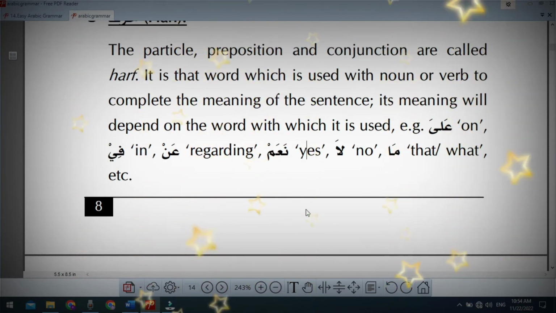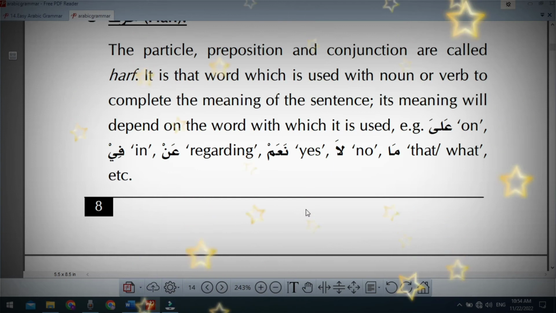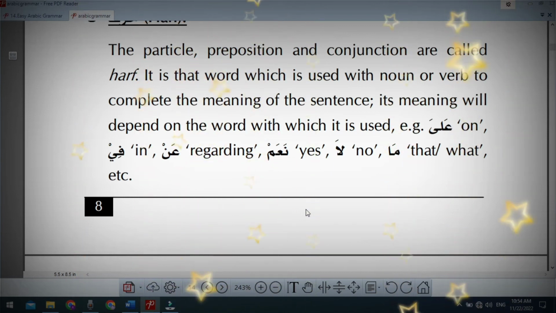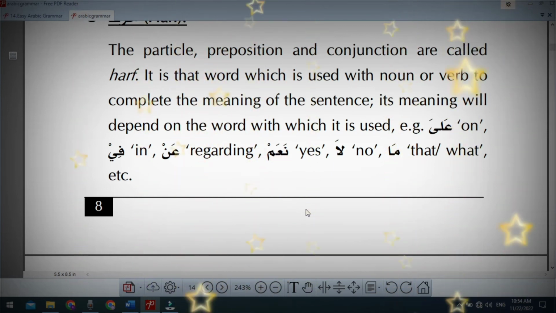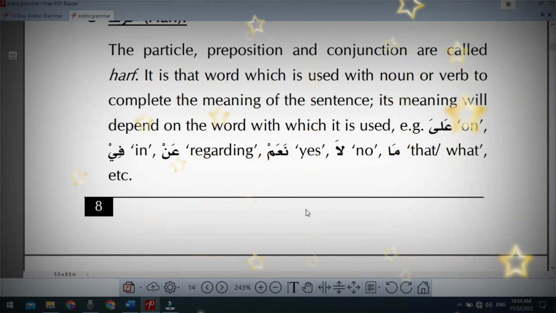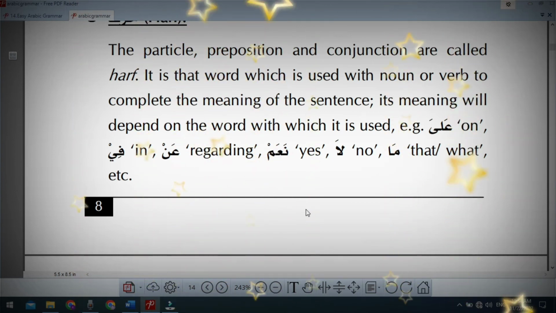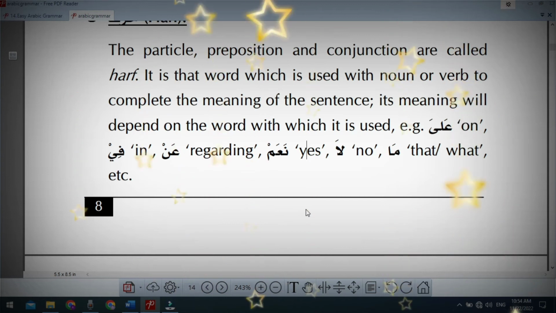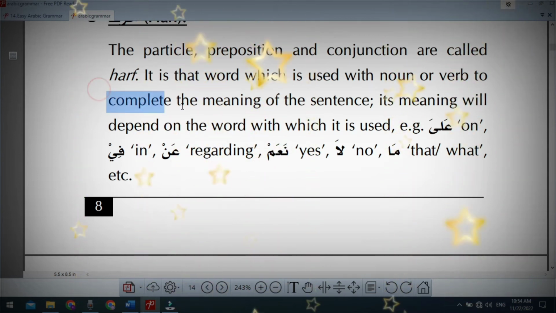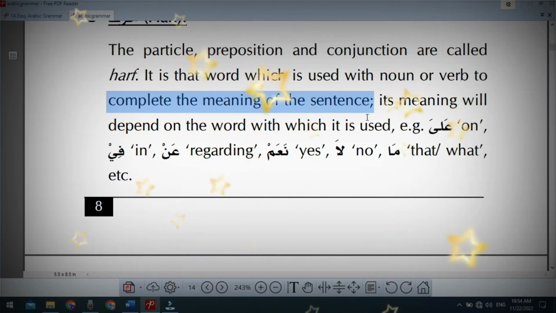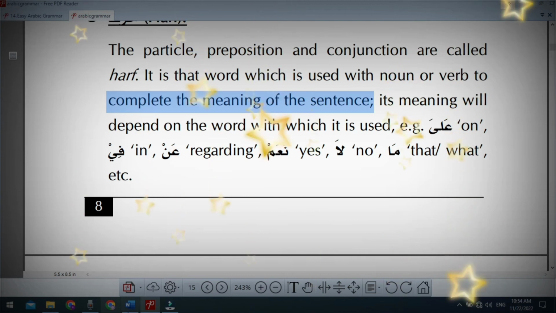But the most important thing about the harf is that it is used with a noun or verb. This is the condition. The duty of the harf is to complete the meaning of the sentence.